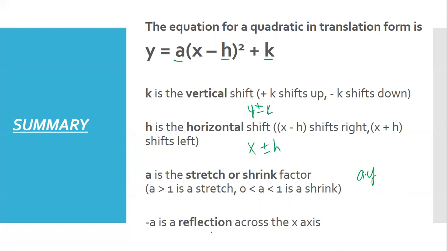And if a is negative, that just means you are reflecting. So your y's become negative. Okay? If you were to graph this transformation from a table, you would always follow PEMDAS, which means that I would multiply my y's before I add or subtract. Remember that? We multiply before we add or subtract.